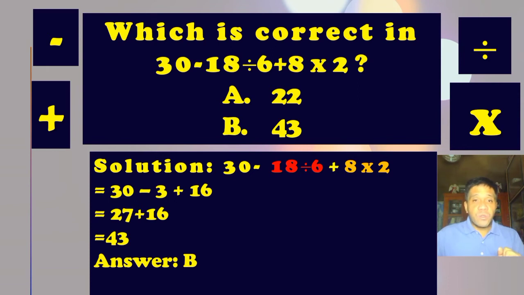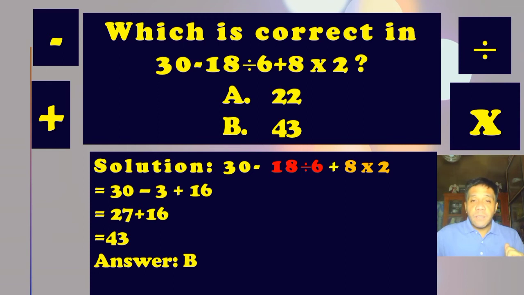So the answer would be letter B for the question given. Take note that we manipulate first the multiplication and division, whichever comes first. In the next part, addition and subtraction, whichever comes first, since minus comes first rather than the addition, we operate the subtraction, then followed by the addition. So we have 27 plus 16, and we have 43.